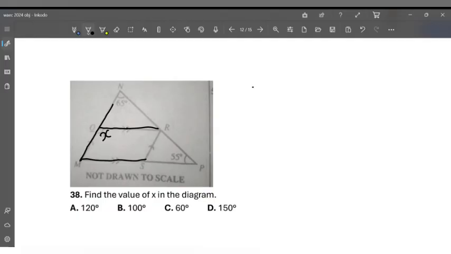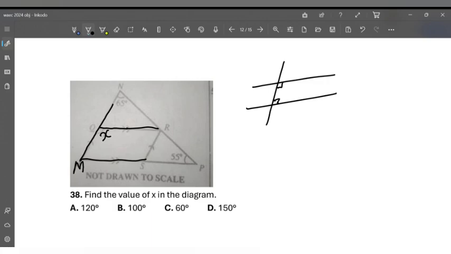When you have a pair of parallel lines being cut across by a transversal, then the two angles formed here and here are supplementary. That is, they will always add up to give you 180 degrees. So if only there's a way for me to know what this angle at M is, then I can easily get my X, because if I add them, they should give me 180.